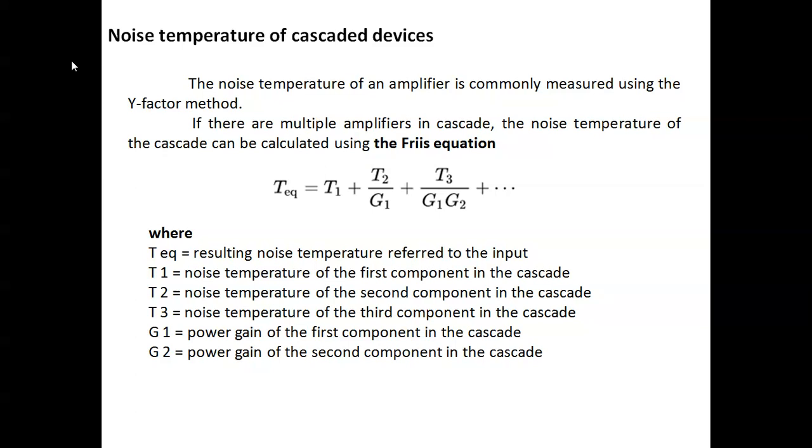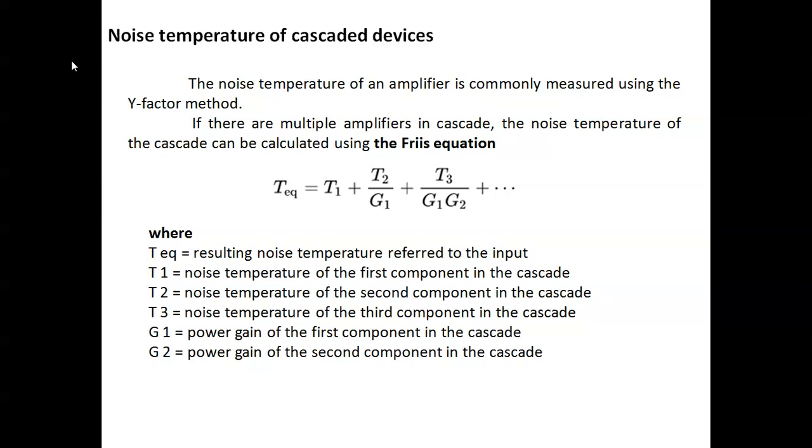What is T1, what is G1? T1 is the noise temperature of the first component, T2 is the noise temperature of the second component, and T3 is that of the third component. G1 is the power gain of the first component, and G2 is the power gain of the second component.